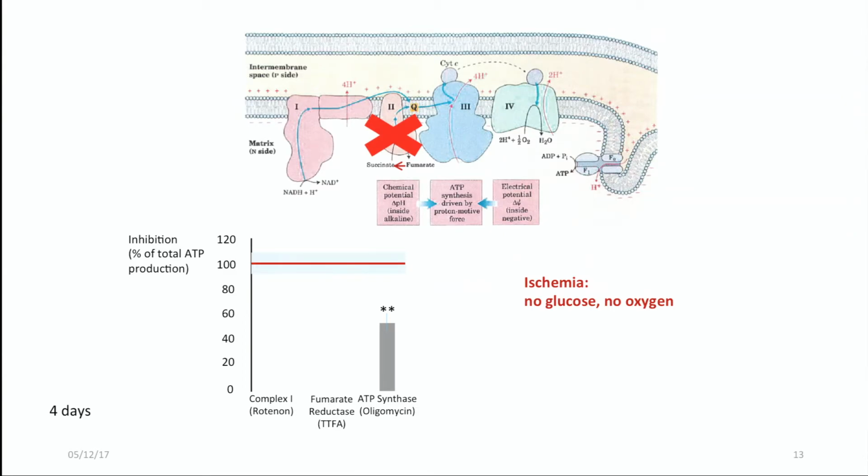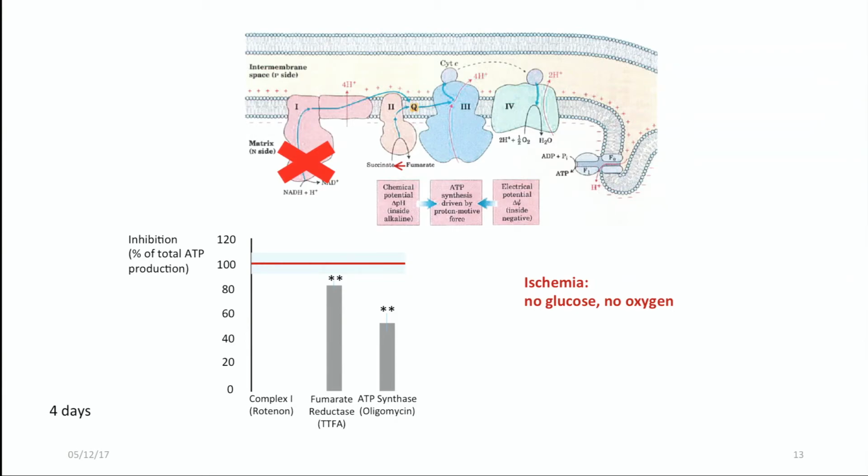But how could a cell produce energy in ischemia? When we performed research on mitochondrial potential, which is reflecting a mitochondrial activity, we find that it was much higher in ischemia than in anoxia, because in anoxia cells were obviously oriented towards glycolysis.